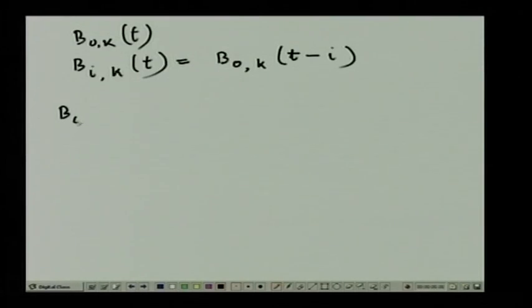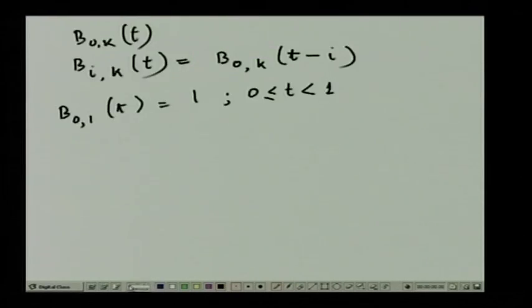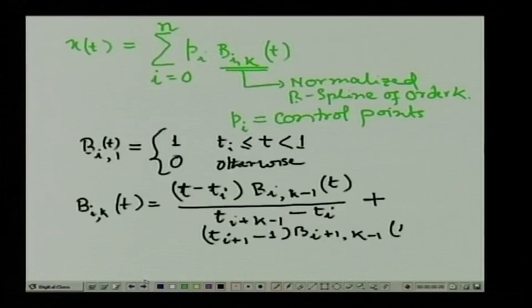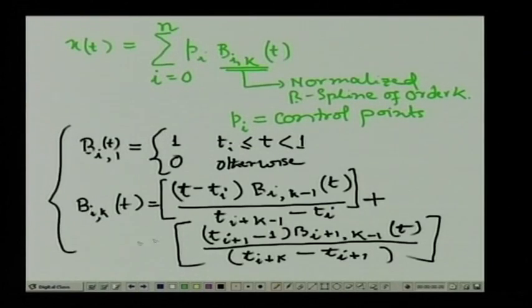You can easily get that b_0,1(t) will be equal to 1 whenever 0 is less than or equal to t less than 1, because earlier we have said that b_i,1(t) is equal to 1 whenever t_i is less than or equal to t, which is less than t_i+1, and it is 0 otherwise.